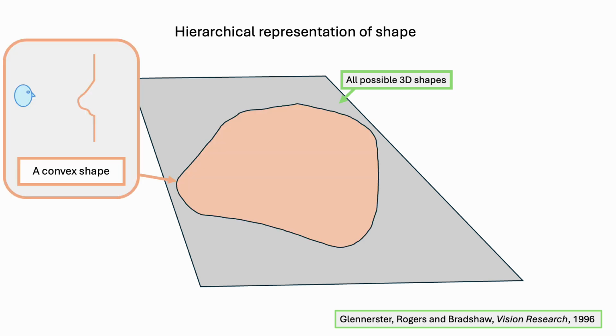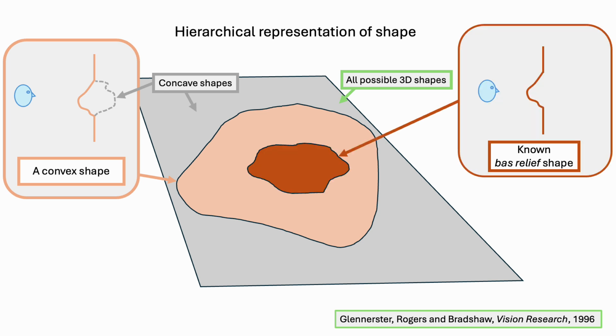If you're looking at a shape, you could divide the possible shapes into convex shapes and concave shapes. You've done a very crude description of the shape. You can add more information to your representation, and you can define the shape more precisely.